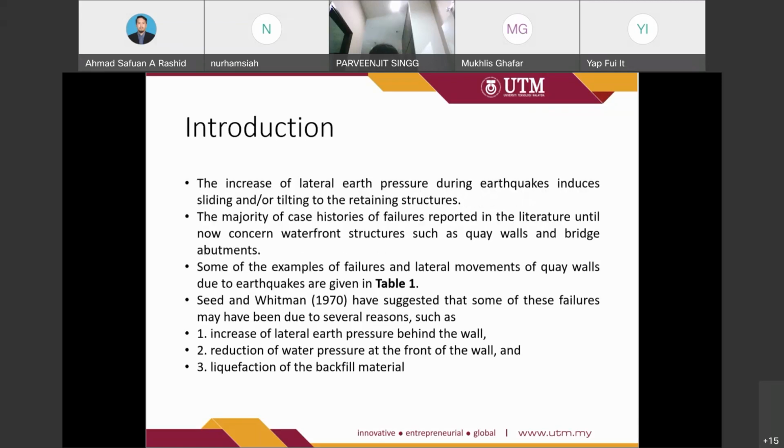The increase of lateral earth pressure during an earthquake induces sliding or tilting of the retaining structure. The majority of case histories of failure reported in the literature until now concern waterfront structures, such as quay walls and bridge abutments. Some examples of failure and lateral movement of quay walls due to earthquakes are given in Table 1.